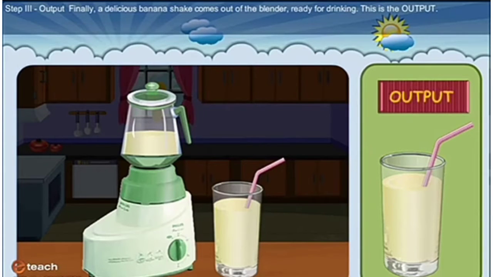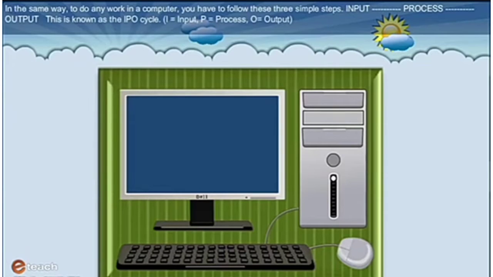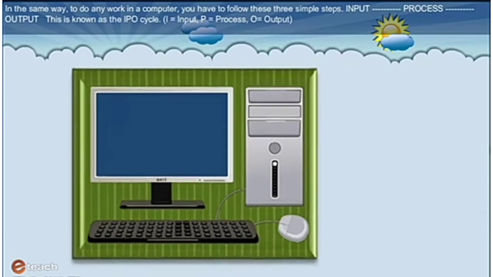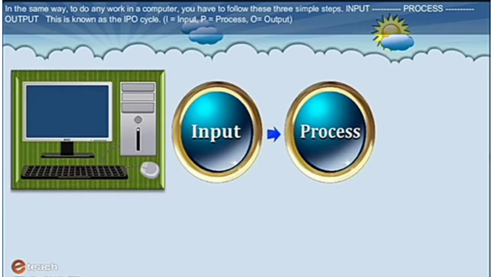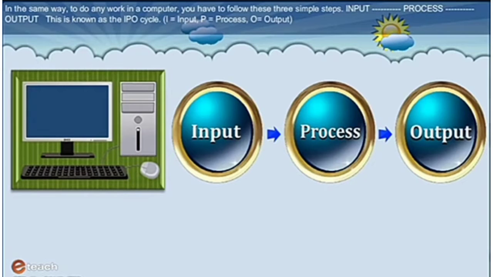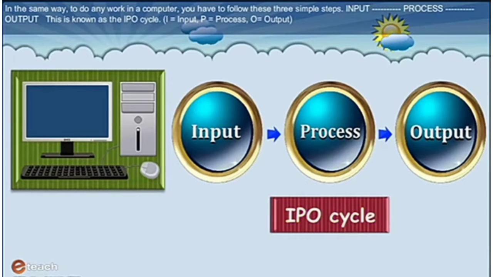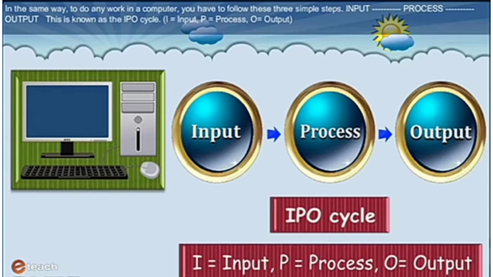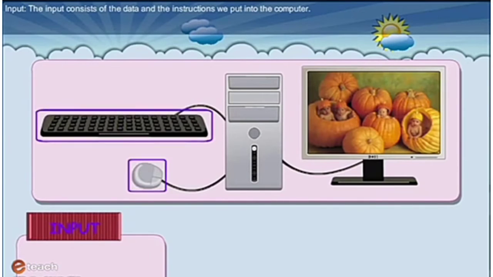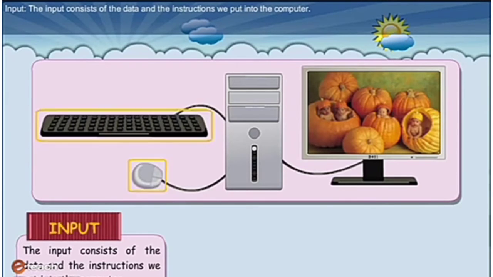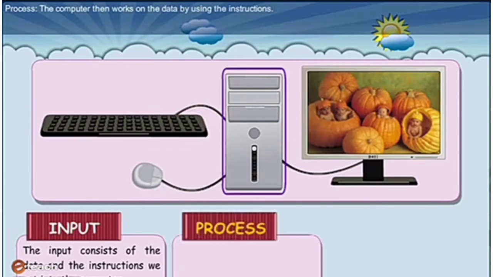This is the output. In the same way, to do any work in a computer, you have to follow these 3 simple steps: input, process, output. This is known as the IPO cycle. I for input, P for process and O for output. Input. The input consists of data and the instructions we put into the computer.